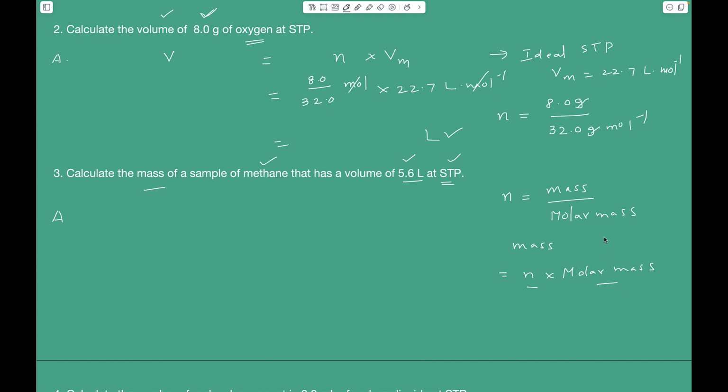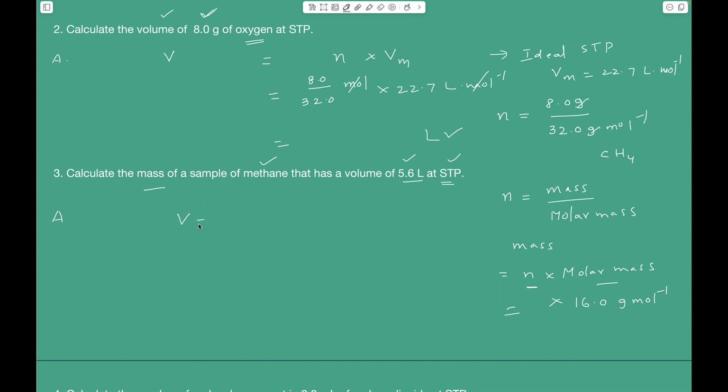We can figure out the molar mass from its molecular formula. Molecular formula of methane is CH4. You must know this, and its molecular mass would be 16.0 gram per mole. By now, you should know how to figure this out. And if you know the amount of substance, then we know its mass, but we don't have it in the question. So you have to figure this out.